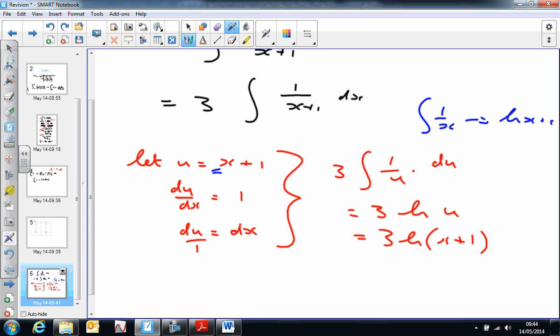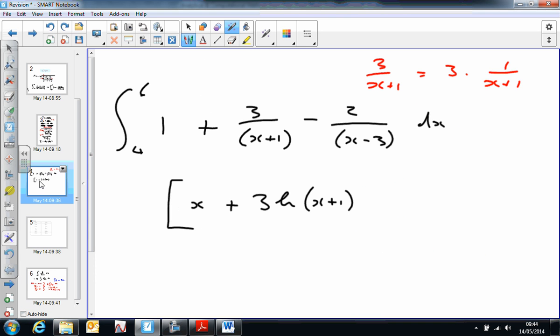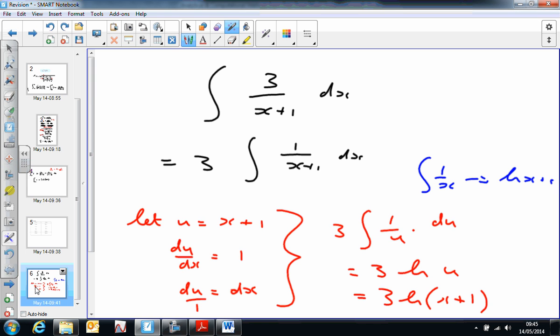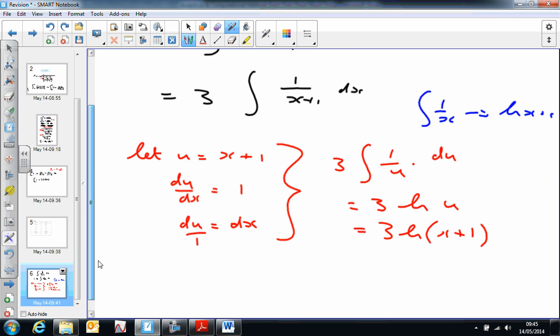So the shortcut is to look at the integral and say any number on top just goes outside the integral. Any number in front of the x underneath goes underneath. And in this case, in that one and that one, it's a 1, so there won't be a number. If it's not x, but it's x squared, or x cubed, then we're in trouble, because you remember the algebraic substitution method only works if x has disappeared.